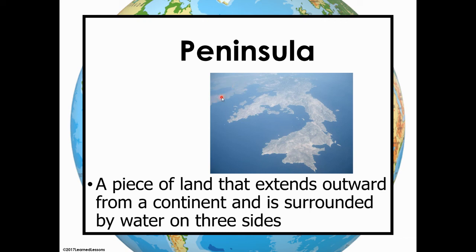And so Europe is going to be considered a continent of peninsulas because Europe actually has like 17 peninsulas on the entire continent. And if you can remember, Europe isn't that big. So it's got a lot of peninsulas. So again, it's things that jut out. It's not just little like this right here is going to be a cape, but this is a peninsula. So it's going to be much bigger, okay?